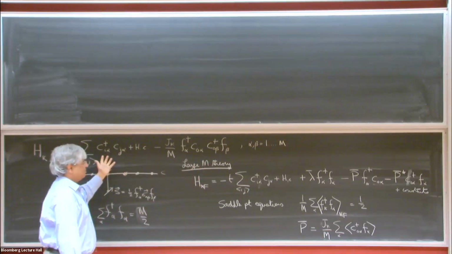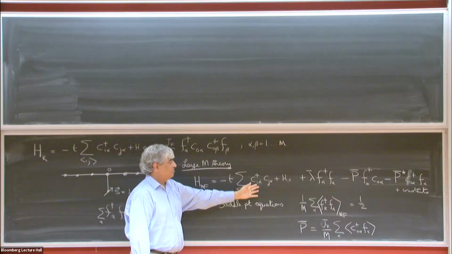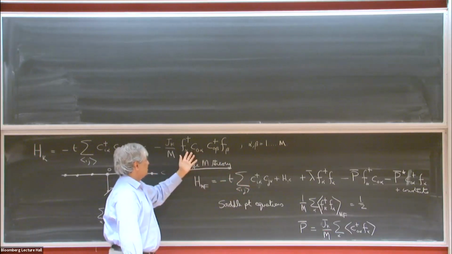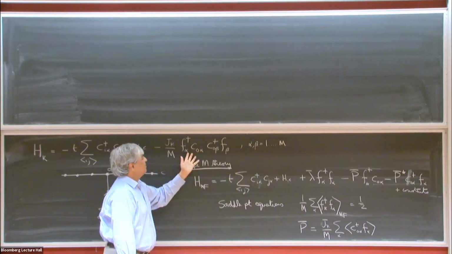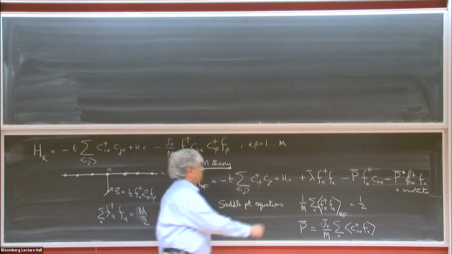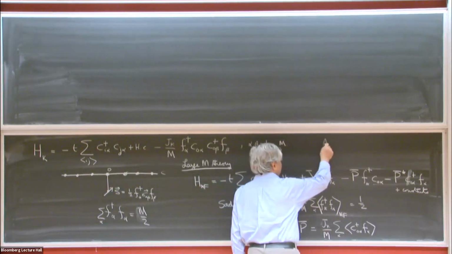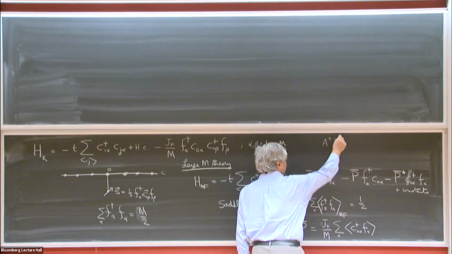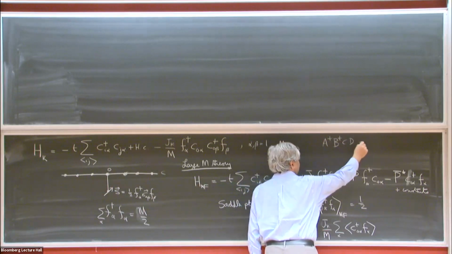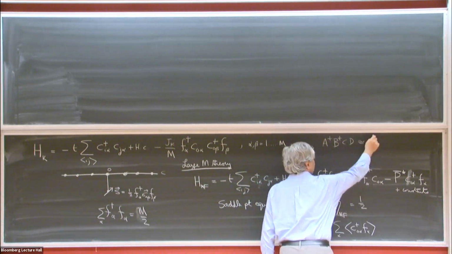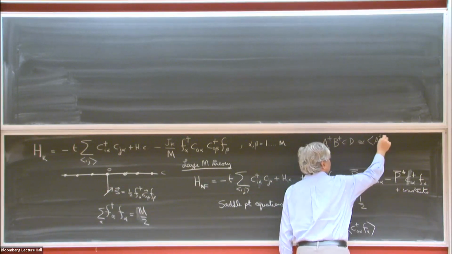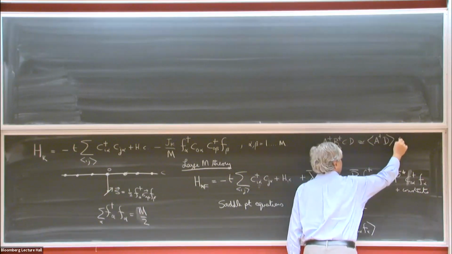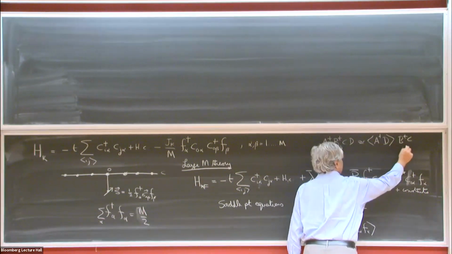So the conduction electrons go along as before. This term you factorize, and the usual trick, the first thing we learn in the course, when you have operators like this, you can write them as A dagger D times B dagger C, and so on.